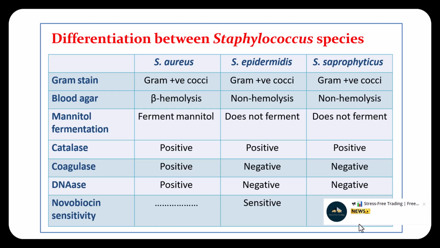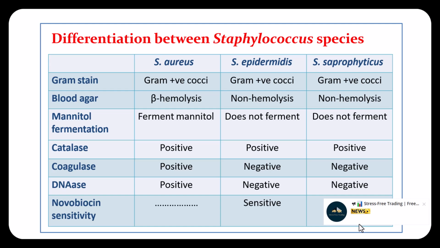While Staph aureus only has the coagulase enzyme, other Staphylococci don't have the coagulase enzyme. So we can differentiate Staph aureus from other Staphylococcus species by doing the coagulase test, as only Staph aureus has coagulase enzyme that converts the fibrinogen into fibrin and leads to the clot formation.